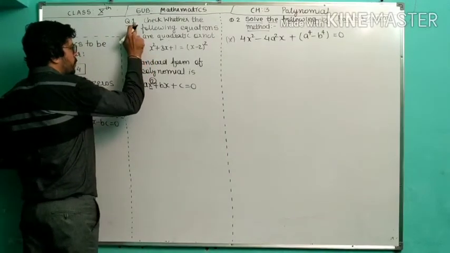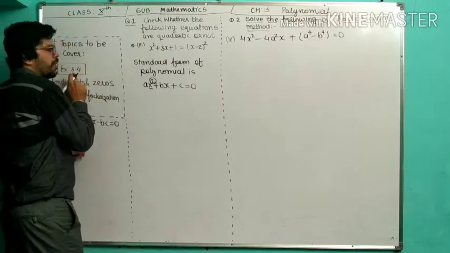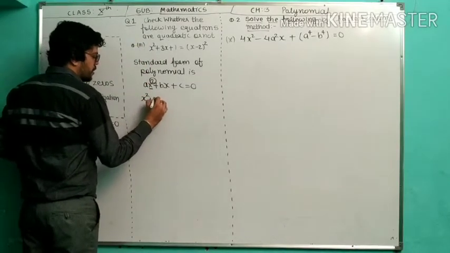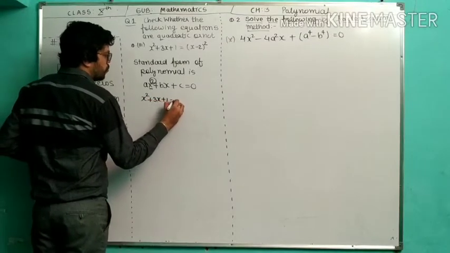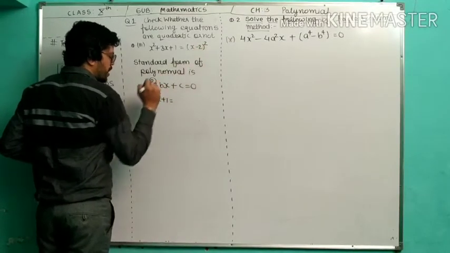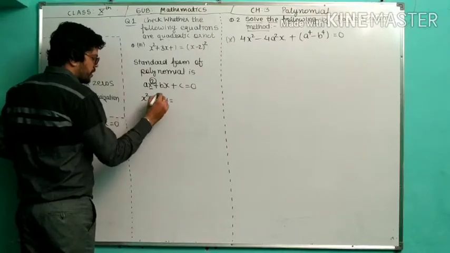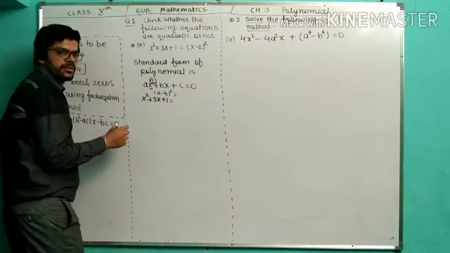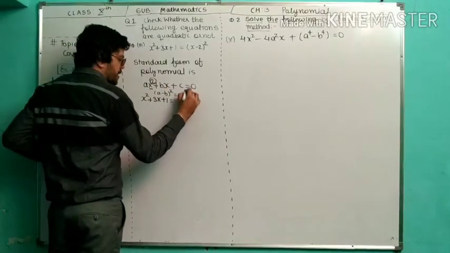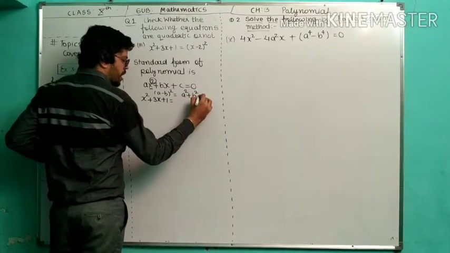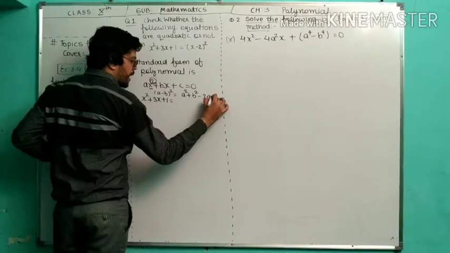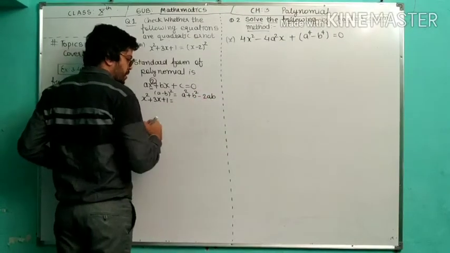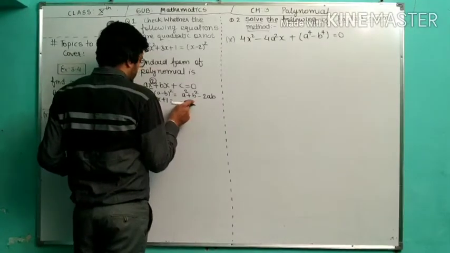I have taken the first question of exercise number 3.4. Question: x square plus 3x plus 1. So we are going to apply the a minus b whole square formula here. The formula of a minus b whole square is a square plus b square minus 2ab. This is very easy to understand.